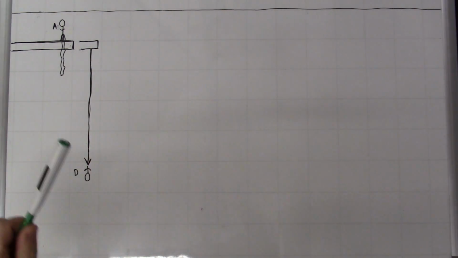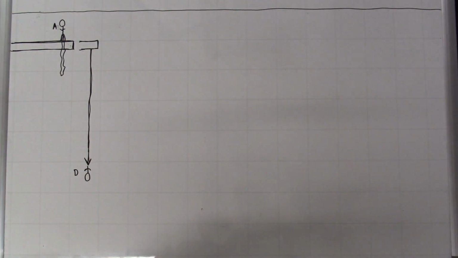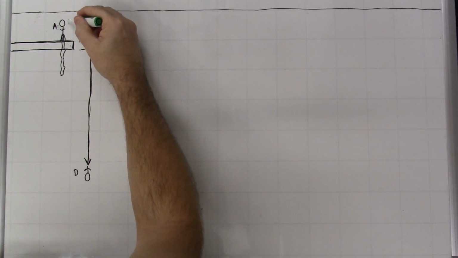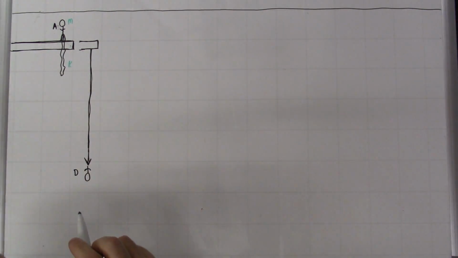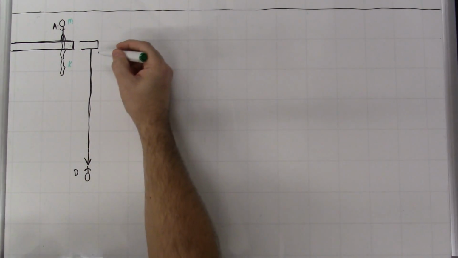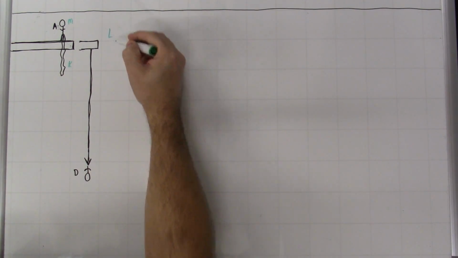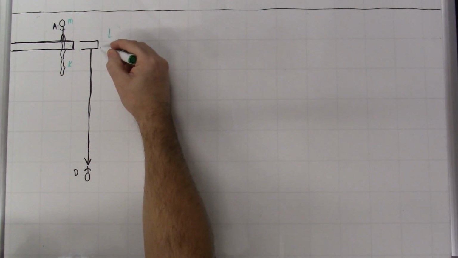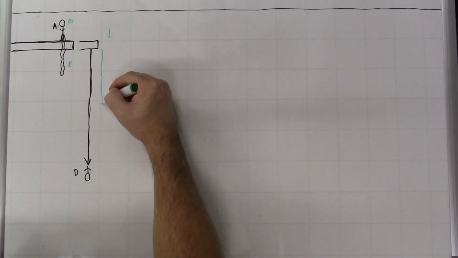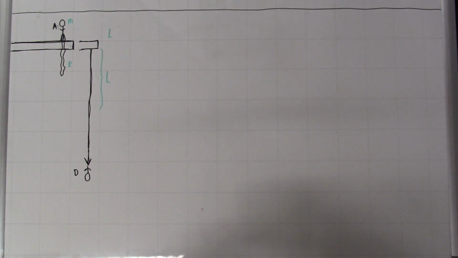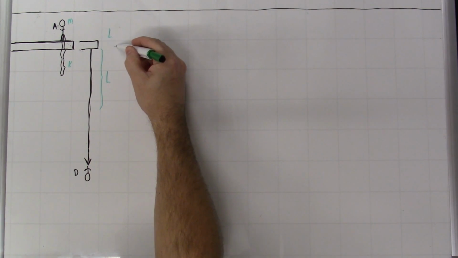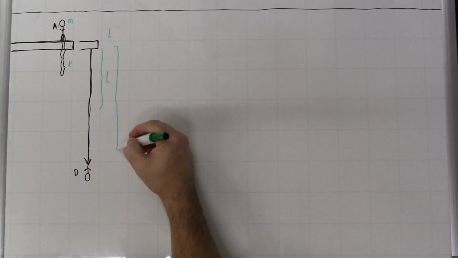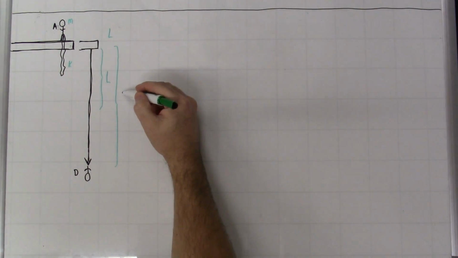So the first question is, can we figure out, given the mass of the bungee jumper, the spring constant K of the bungee cord, the rest length L of the bungee cord, if we can figure out the total distance that our bungee jumper falls before coming to a stop?